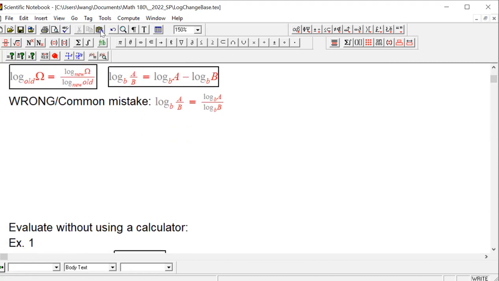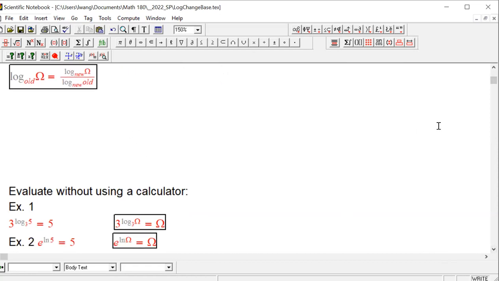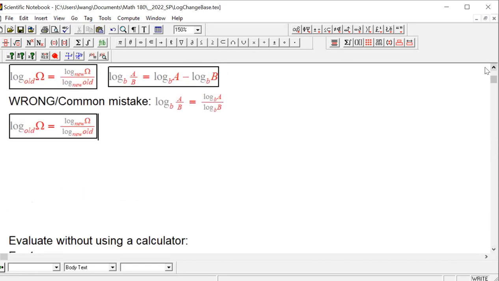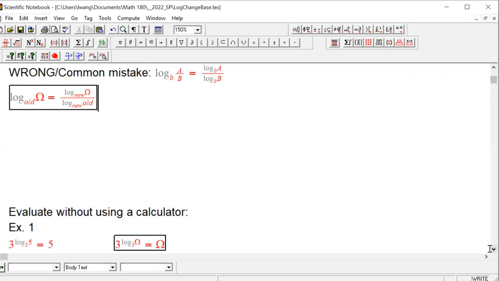If you look at your calculator, why change of base? Why change your base?